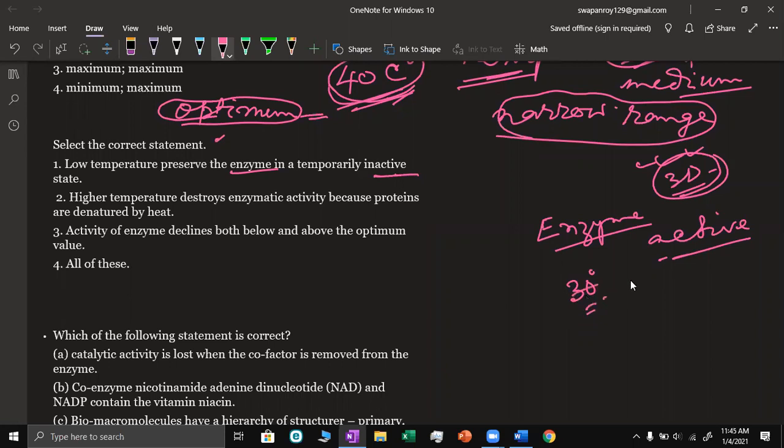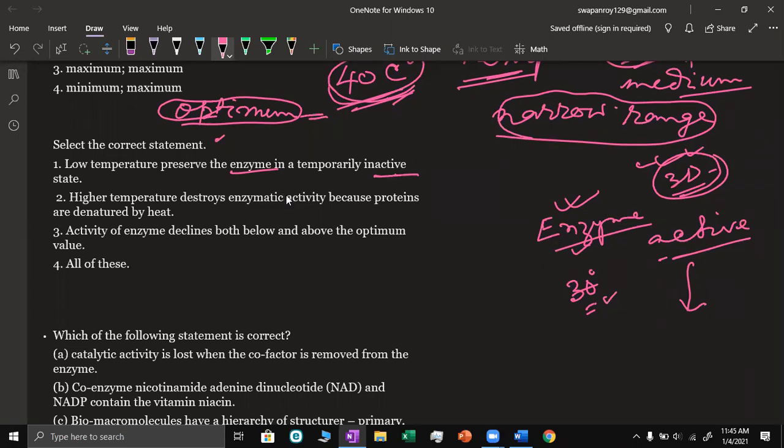The enzyme works in a very nice way. If the temperature is low, the enzyme cannot work. The enzyme will remain in good condition, but it cannot work.